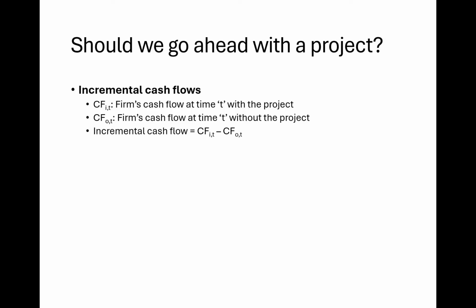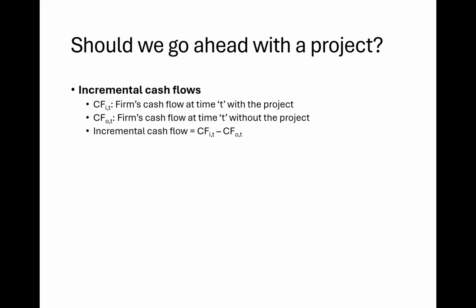And if it reallocates some of its resources to a new project, then we only consider that incremental reallocation, because the firm would be allocating the resources anyways to the other products and cash flows that it's generating. So when we go to create a new project, we must only look at the incremental allocation of resources to the new project. So the importance of incremental cash flows is very, very high.